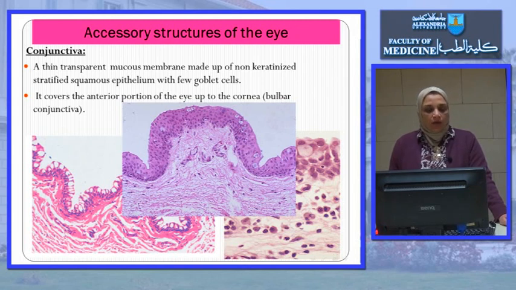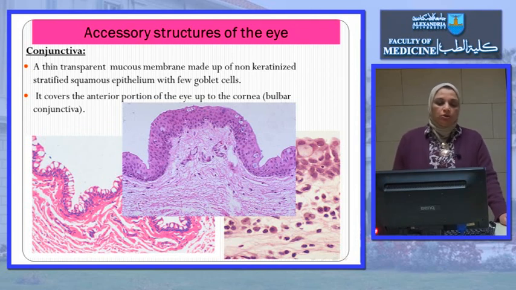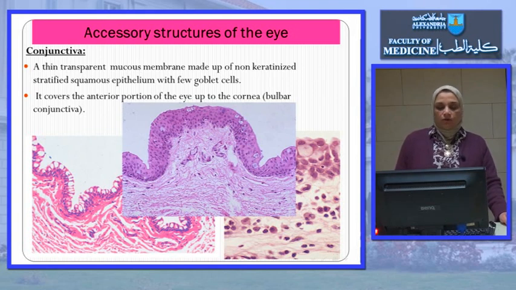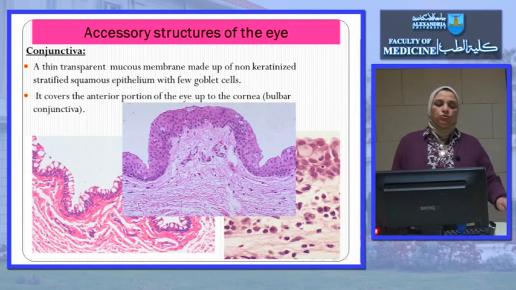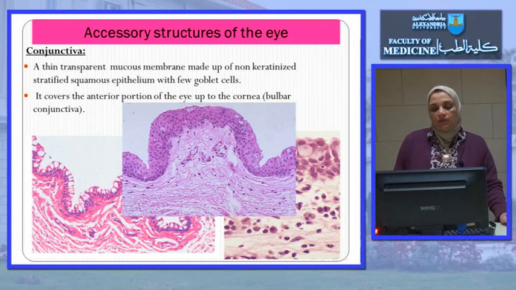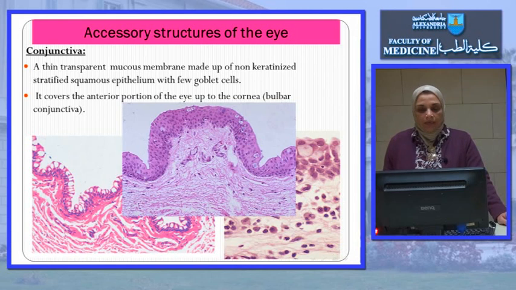Only the sclera, the white of the eye, is covered, and this part covering the anterior portion of the eye up to the cornea is called bulbar conjunctiva. But the rest of the conjunctiva will line the upper and lower eyelids, and this part will be called palpebral conjunctiva.